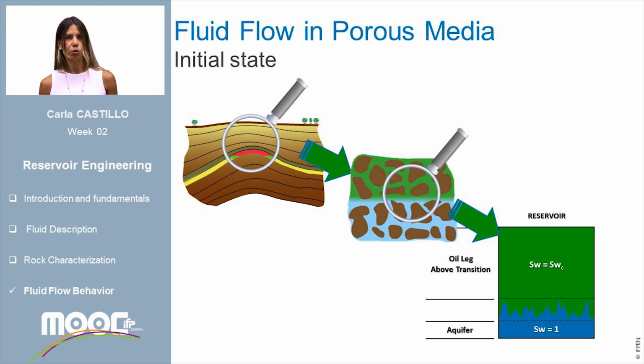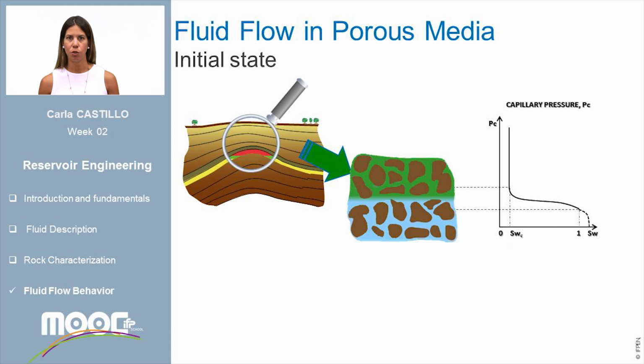Remember the migration in the petroleum system presented by Jean-Pierre de Flandre. The transition zone, where the water saturation evolves from 1 to connate water saturation, Swc. This evolution is estimated through the capillary pressure curve, knowing that the capillary pressure is defined as the difference between the oil and the water pressure. It is important to highlight as well that the water saturation will help us calculate the original hydrocarbons in place.